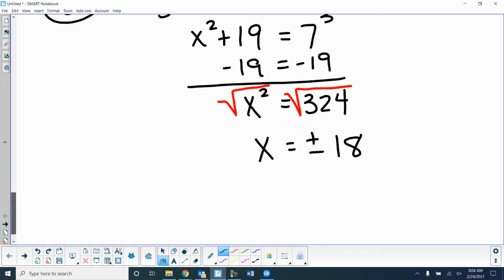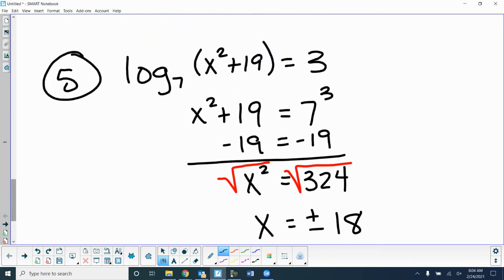Okay? So if I use negative 18 and I square it, I get a positive number, don't I? So is negative 18 okay to use in this problem? Yeah, so both of those work. This has 2 answers. All right, so not all the negatives are wrong answers. Sometimes they still work. Right, Zion?